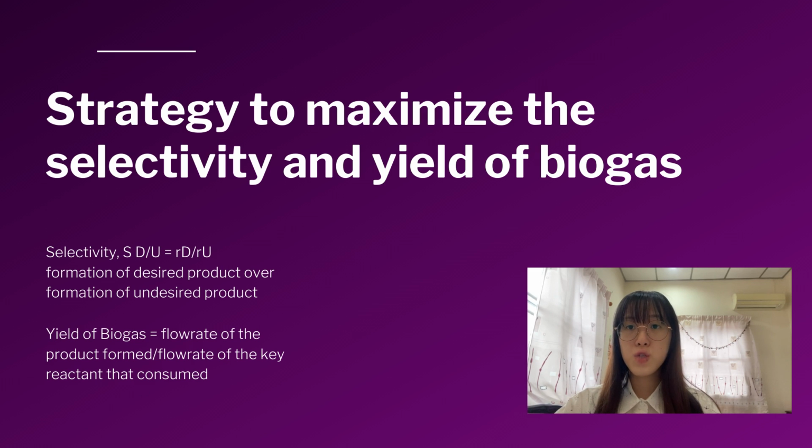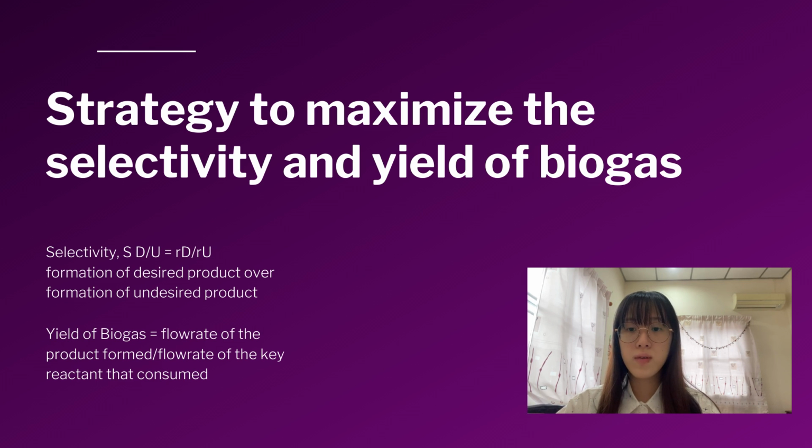Next, the strategy is to maximize the selectivity and yield of biogas while minimizing the selectivity of side reactions. The selectivity is calculated from the formation of desired product over the formation of undesired product, while for yield of biogas, it is the flow rate of the product formed, which is methane, over the flow rate of the key reactant consumed.